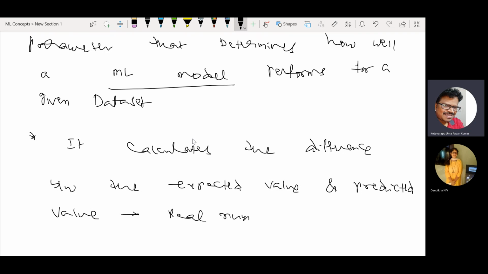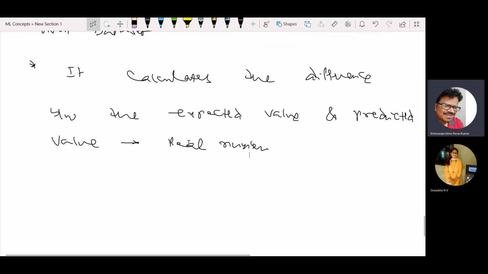I will show you how these things can be estimated. We have many cost function types, various methods to compute the cost functions.